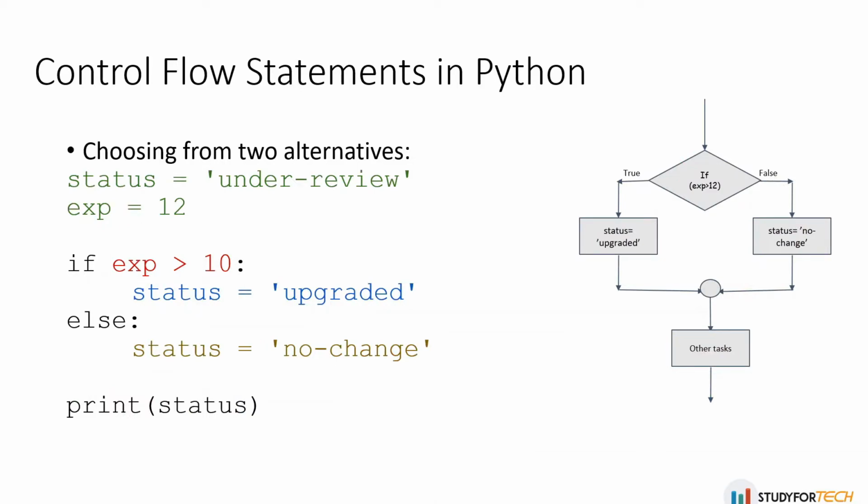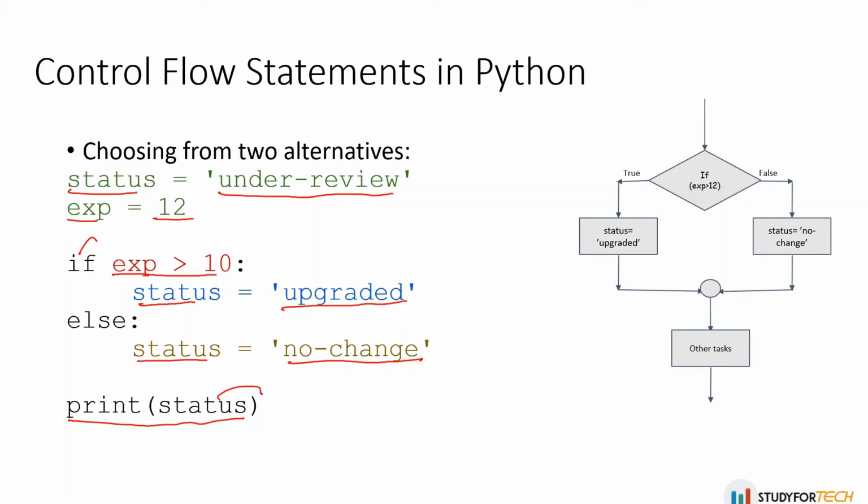So you can see one example here. We have a status under review, and expression equal to 12, and the condition here is that if expression greater than 10, then change the status to upgraded, else change the status to no change, and then finally print the status.